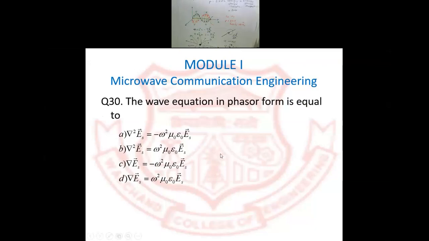We just check whatever answers we have. Why people are saying C, I don't know. Okay, C. Okay, let it be. The answer is about what we can see.